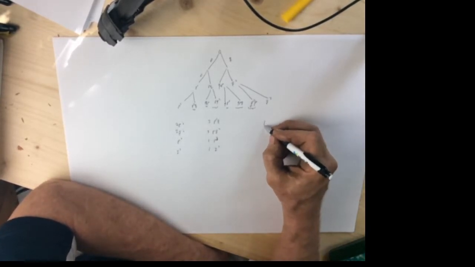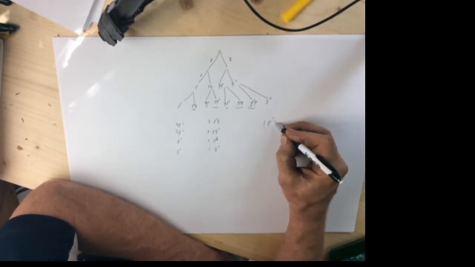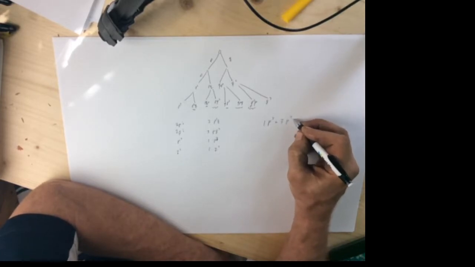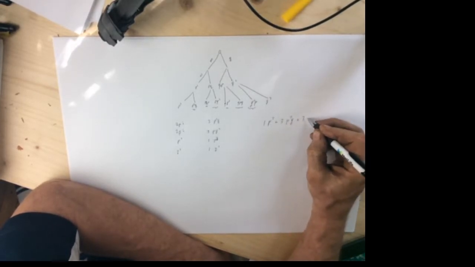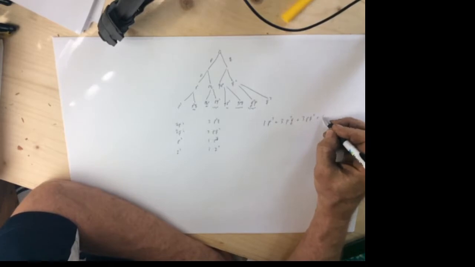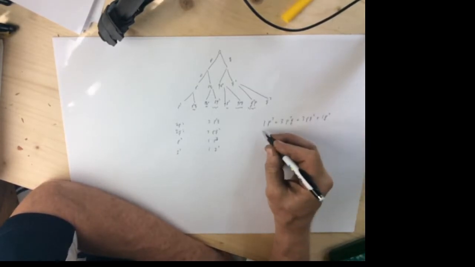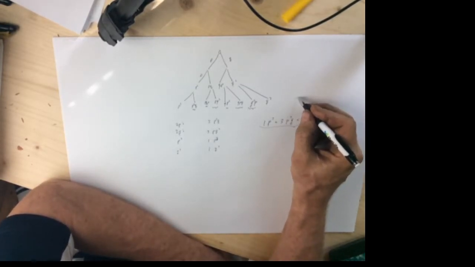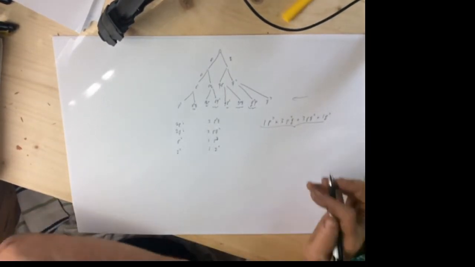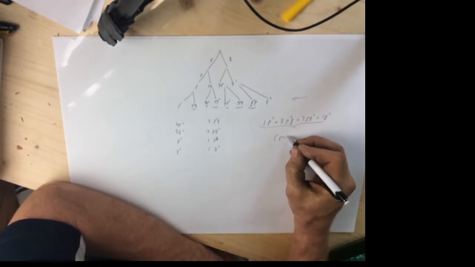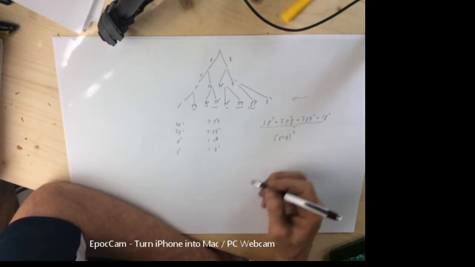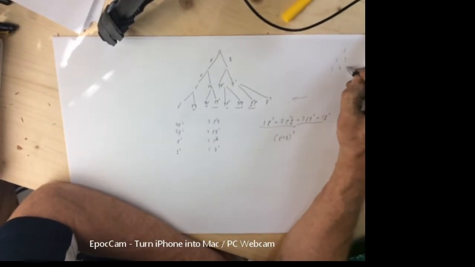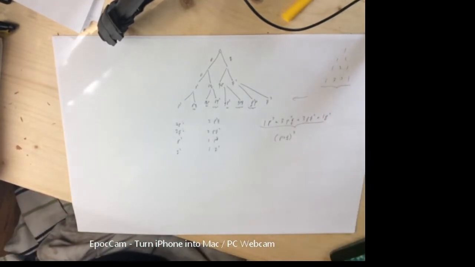In other words, we have 1 p cubed plus 3 p squared q plus 3 pq squared plus 1 q cubed, which is exactly what this row of the binomial tree says. That's (p plus q) cubed. That is the 1, 1, 1, 1, 2, 1, 1, 3, 3, 1. That is indeed what the binomial tree calculates.